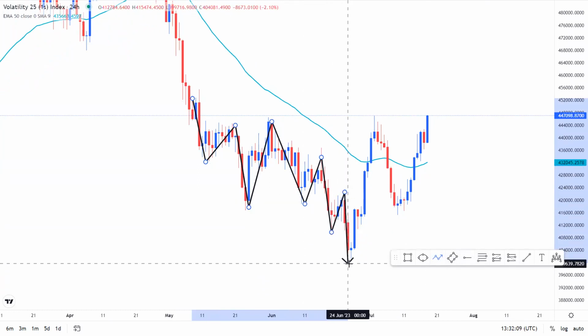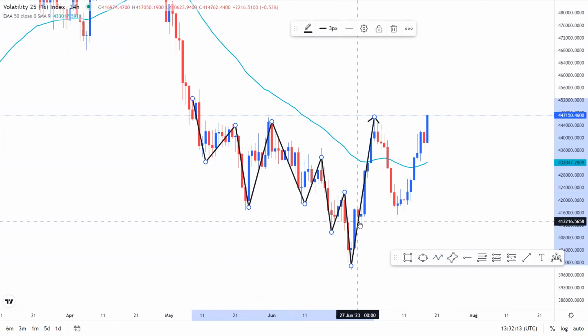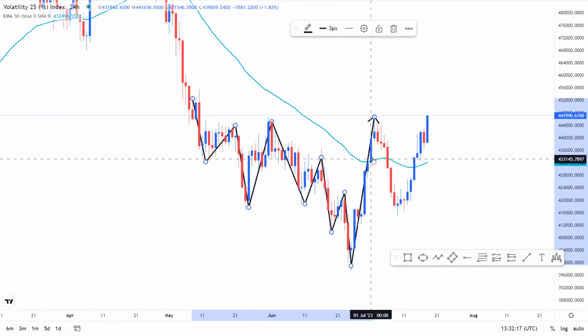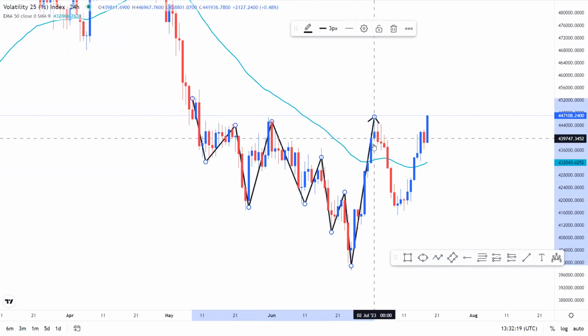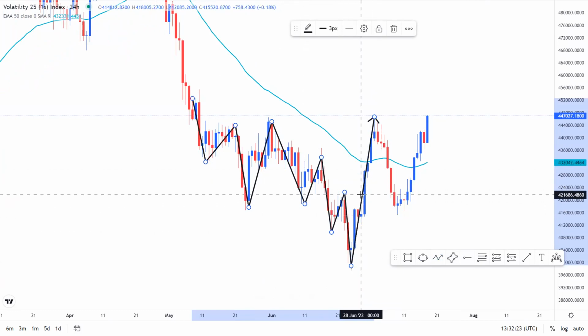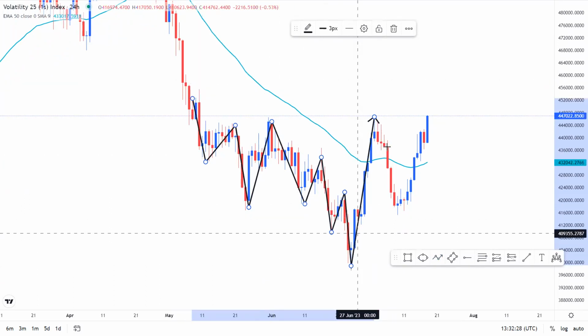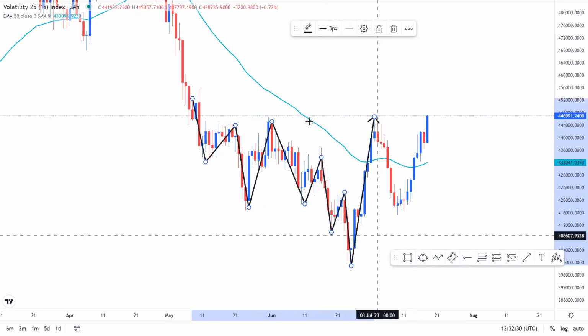And then we had shifted from a bearish market structure to a bullish market structure. And this is the very movement that shifted the market structure from bearish to bullish on the daily time frame perspective.